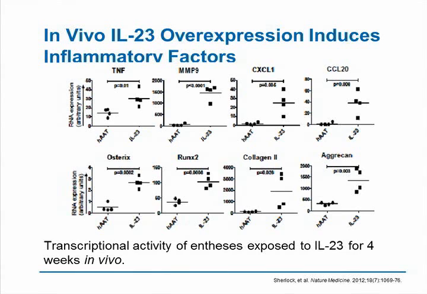They also had metalloproteinase 9, CXCL1, which is a chemokine, as is CCL20, and other factors that are elevated at sites of inflammation, and actually very specific, I think, to this form of inflammation: Osterix, Runx2, collagen 2, because there's collagen deposition and a fibrotic response, and aggrecan. All of these are part of that specific disease process, or at least this whole array together of these different factors is seemingly very specific for ankylosing spondylitis, and you wouldn't see all of these being expressed in a different kind of lesion.